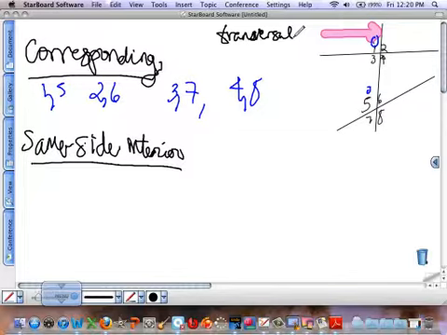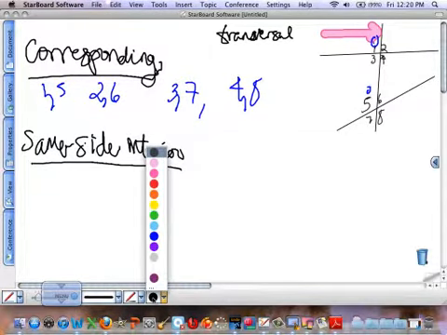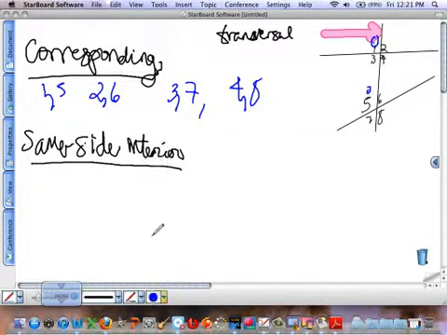So Brian, where are my same side interior angles? 3 and 5, and 4 and 6. Notice we're on the same side of the transversal, and we're between the two lines. We're inside the two lines. So interior.